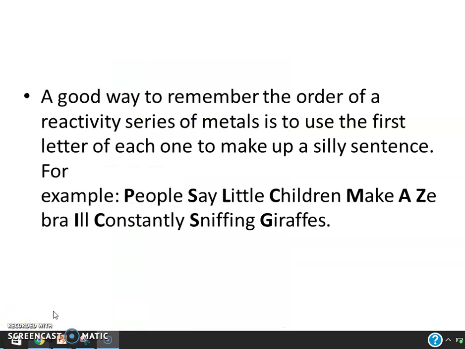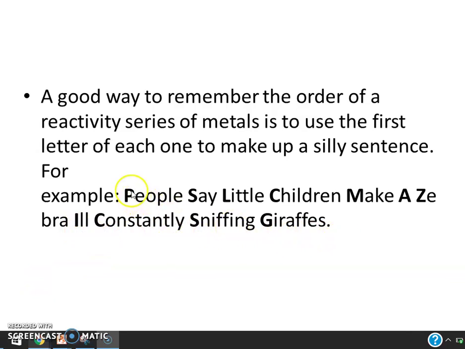A good way to remember the order of a reactivity series of metals is to use the first letter of each one to make up a silly sentence. There are many examples available on the internet, and we will look into a few of them. For example, people say: Little children make a zebra ill, constantly sniffing giraffes.